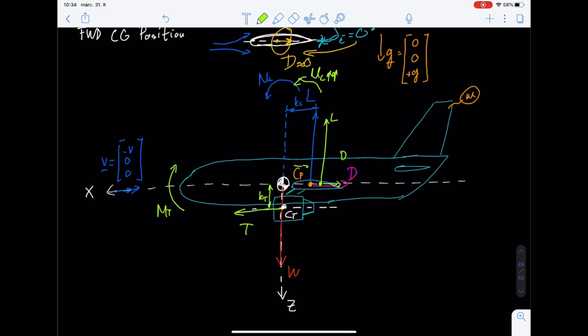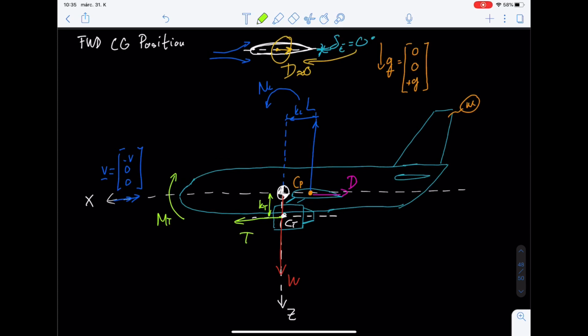So there's going to be a case when the center of pressure moves so much aft, or maybe the center of gravity moves so much forward, that the thrust is no longer able to counteract the pitch down moment which was generated by the lift, right?